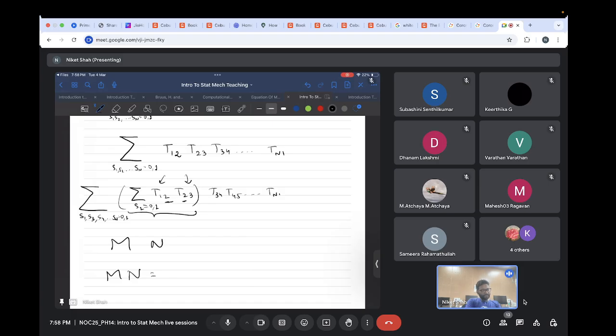We write it as (MN) ab is equal to the sum over c of M ac N cb.